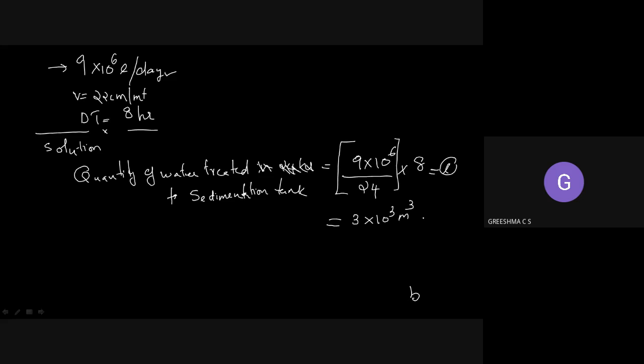This means that the capacity of the sedimentation tank is 3 into 10 raised to 3 meter cube. The capacity is known. Next, you have to find out the length, the width, and cross section of the sedimentation tank. Capacity indicates the volume. Volume of the tank is 3 into 10 raised to 3.